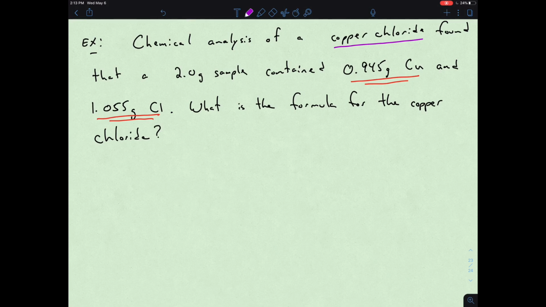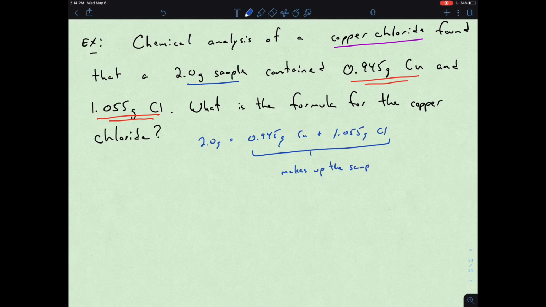Meaning that the 2-gram sample is really the combination of those two constituents. So, this basically makes up the sample.